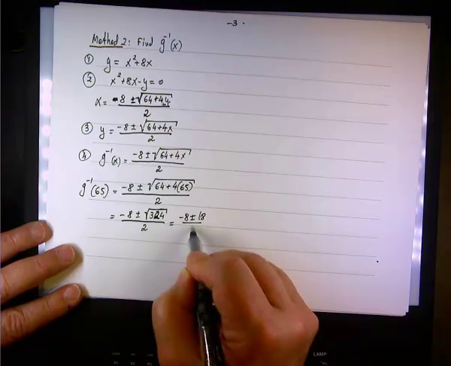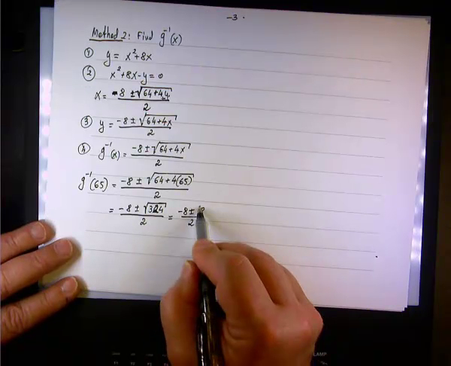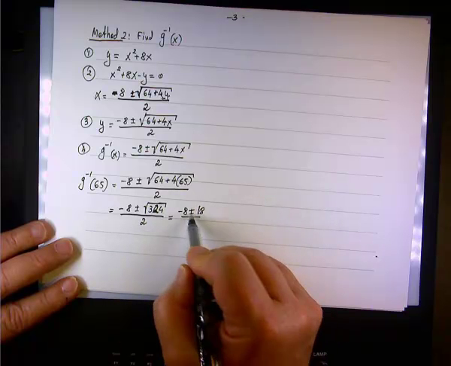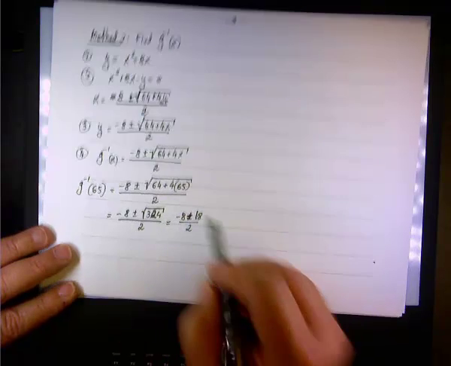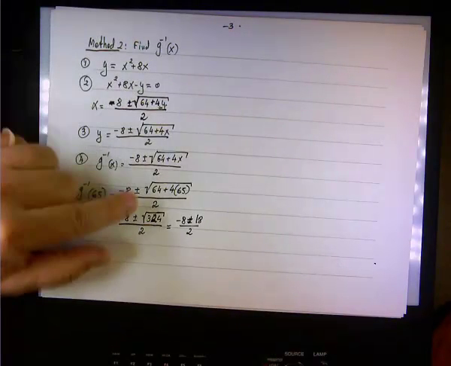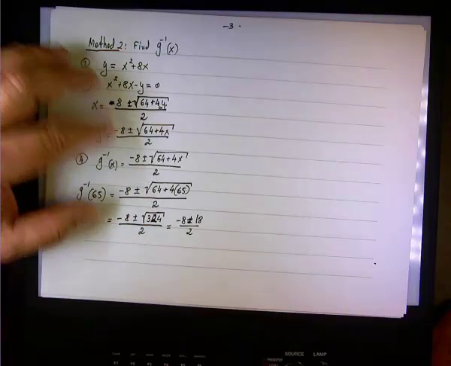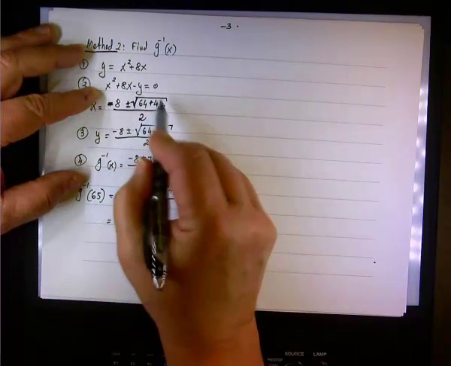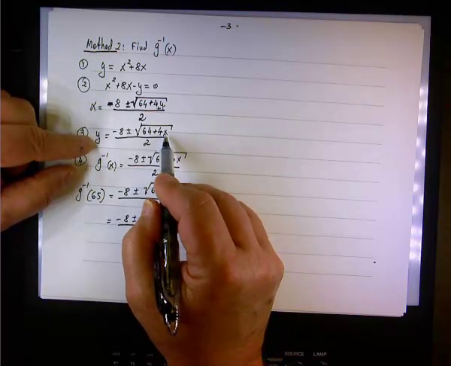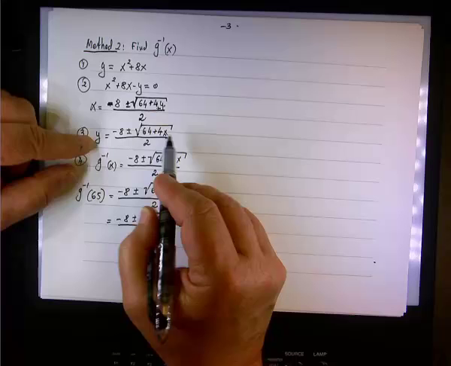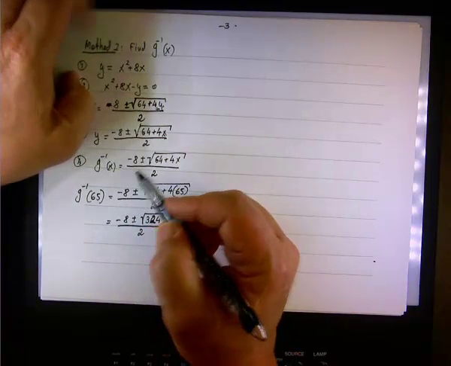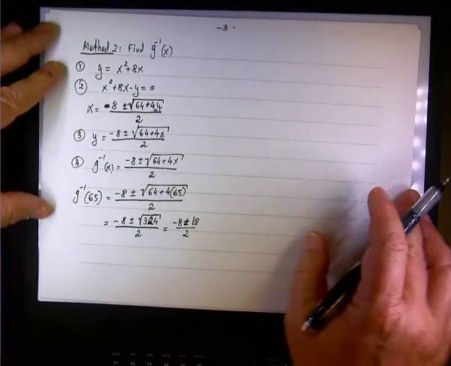And we have two solutions, but we can reject the negative solution because if we analyze this solution, x has to be greater than negative 4, so the inverse turns out to be positive.